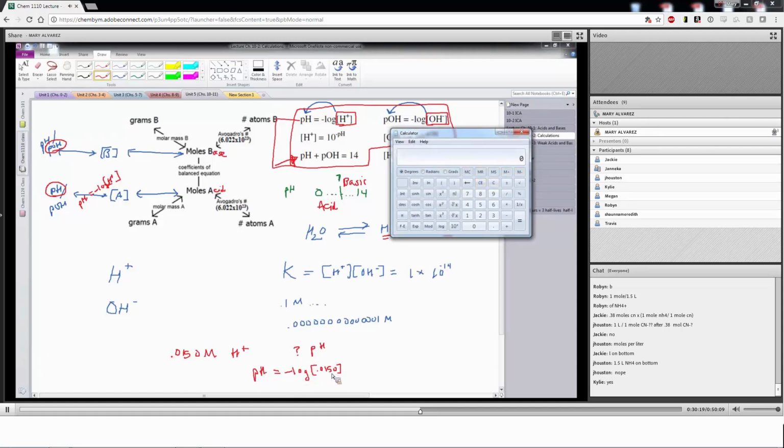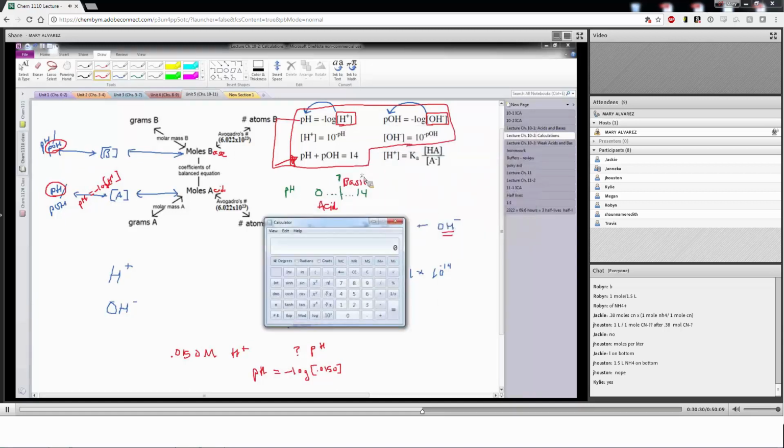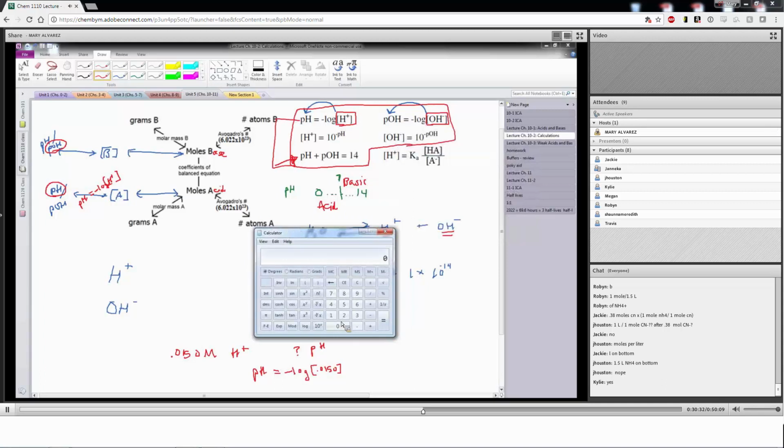For some of you, your calculator will want you to enter 0.0150 and then hit the log button and then hit the negative button. Each calculator is a little bit different, so you're going to have to determine what your calculator wants. I believe this calculator wants me to put 0.0150 and then hit the log button and then make it negative, and that gives me a pH of 1.82.